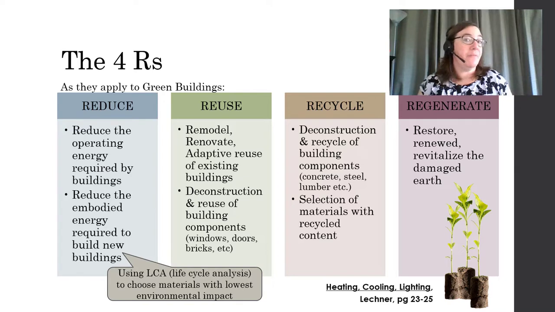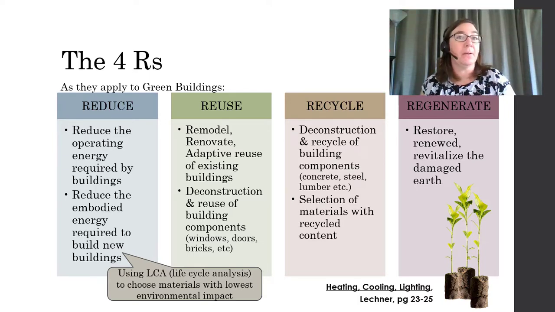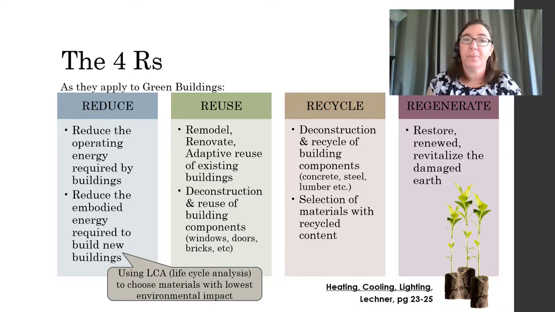And in the building industry, that includes remodeling, renovating, any kind of adaptive reuse of existing buildings. That's the top priority in this category. You also can reuse building components. And a way to do this is called deconstruction, where you carefully take buildings apart instead of just knocking them down.